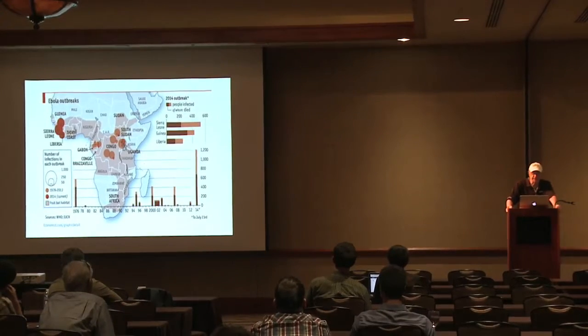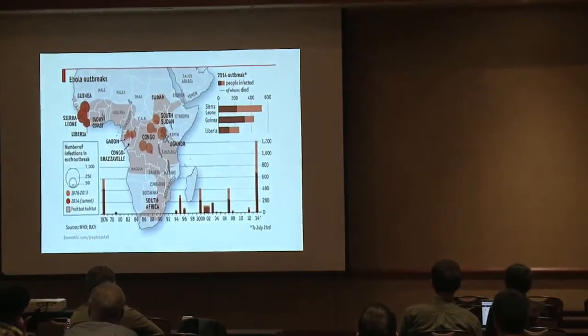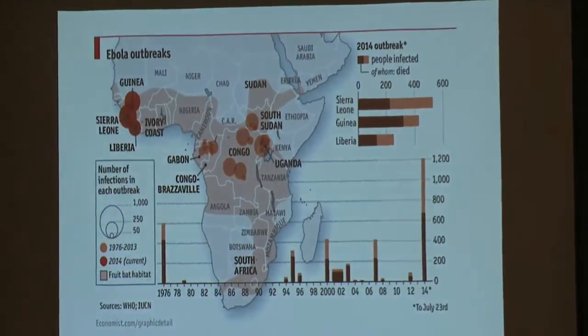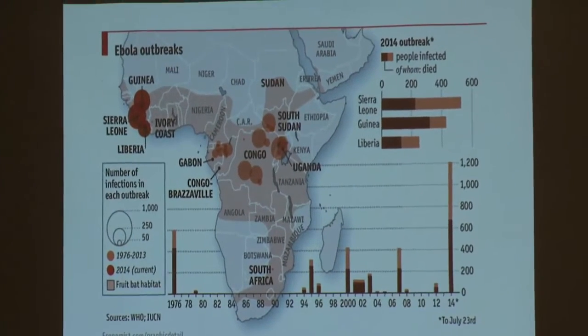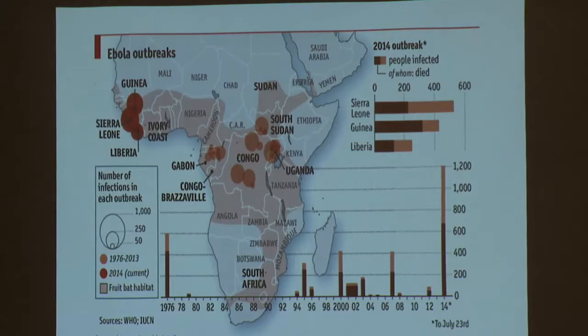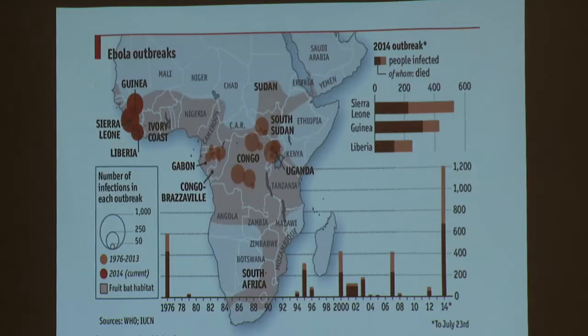As you can see from the horizontal bar graphs near the top of this graph, in Sierra Leone, 200 people died out of 550 cases, but in Guinea, far more than half died. Liberia, approximately half died. And so the human cost is enormous, and the particular symptoms of Ebola are particularly unpleasant.